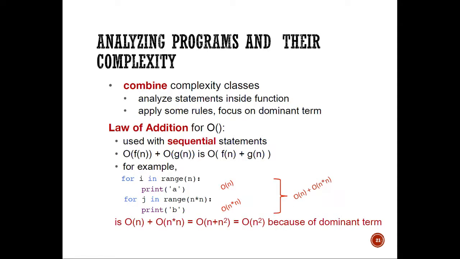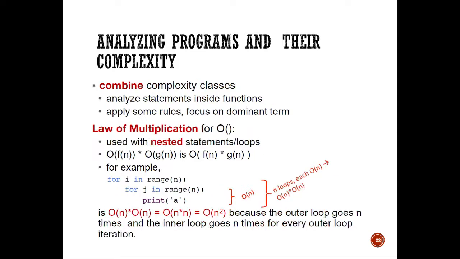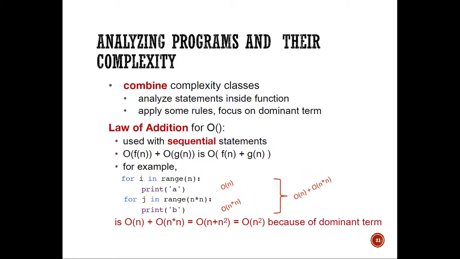So to be able to analyze programs and determine their complexity, we need to focus on the law of addition and the law of multiplication. With the law of addition, which is used with sequential statements, O of f of n plus O of g of n is the same order as f of n plus g of n.